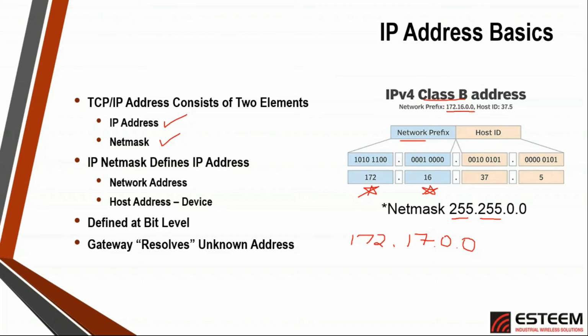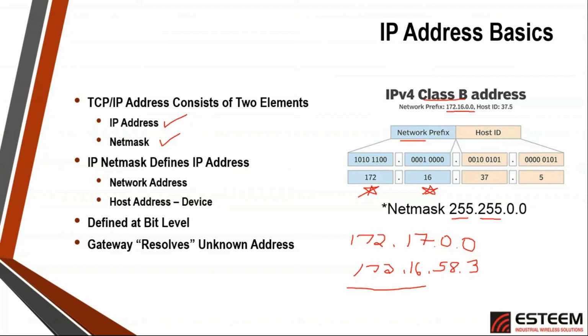If you have an address that's 172.16.37.5, and another one is 172.16.58.3 and it's using the same subnet mask, the first two digits are the same, so therefore they're in the same subnet. Okay.